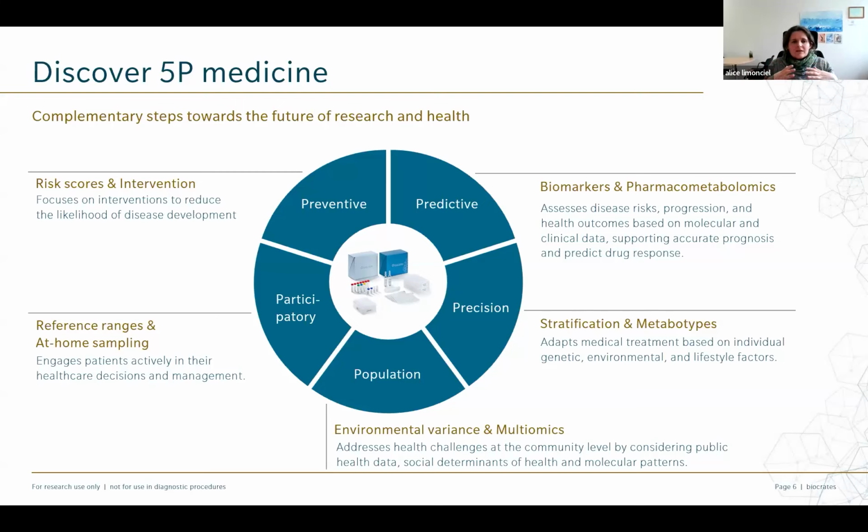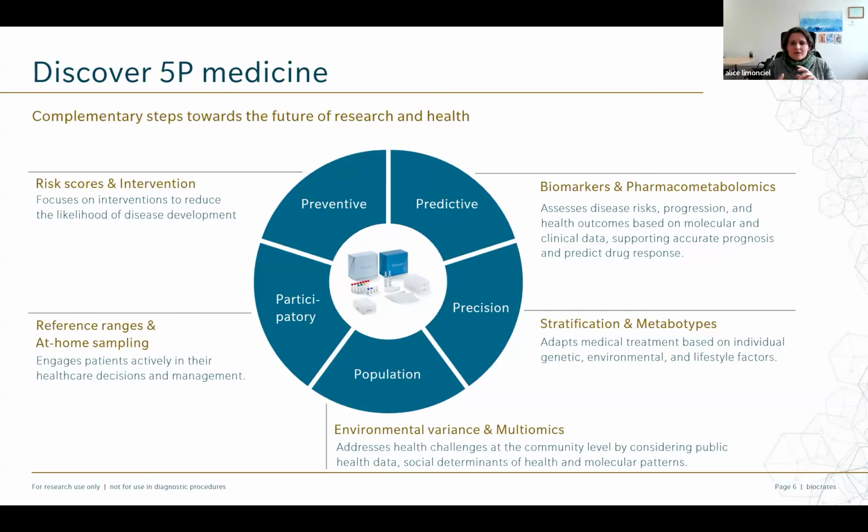Metabolomics is a beautifully sensitive, responsive tool to build this kind of tools. In terms of predictive medicine, the typical thing that people build here are biomarkers, and metabolomics is really well known for being a great omic to use for biomarker discovery.